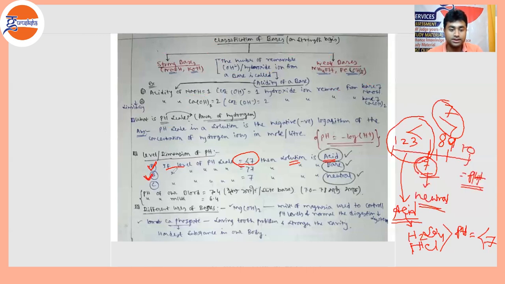Just look at this point: if the level of pH is greater than 7, then the solution is called a base. You can see here, this is called base.